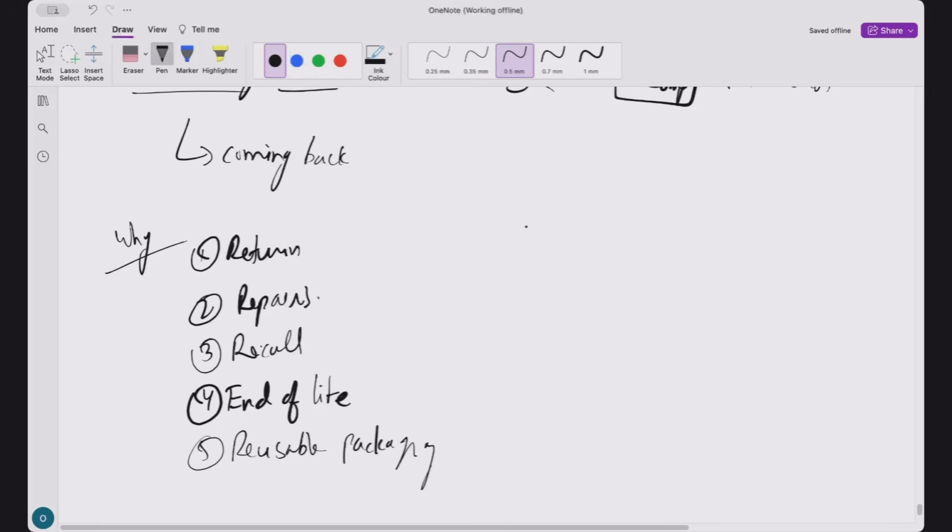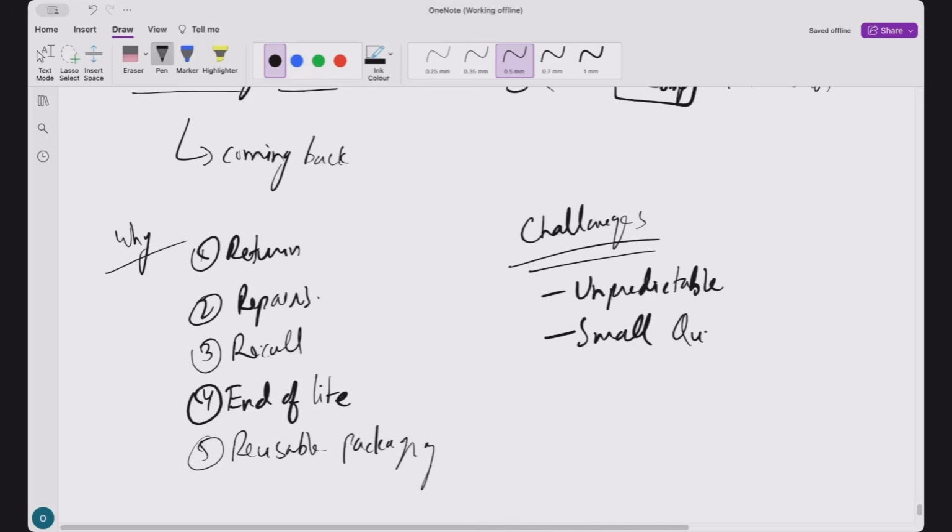And what are the challenges in reverse logistics? It is more difficult than forward logistics because it is unpredictable. It has smaller quantities. It has variable condition, because some are pristine, some are damaged.